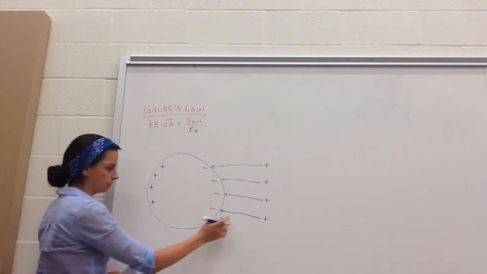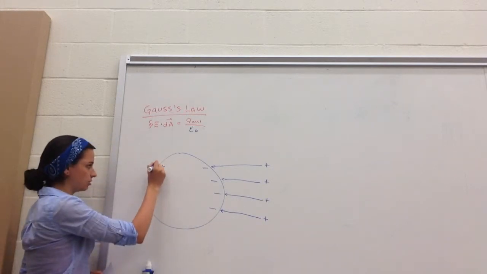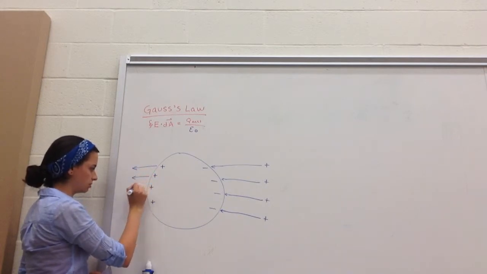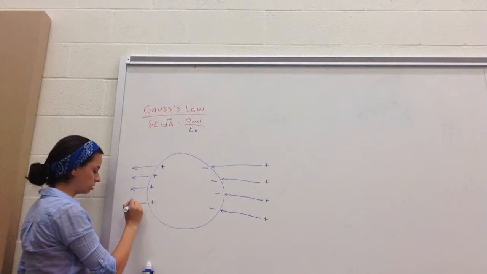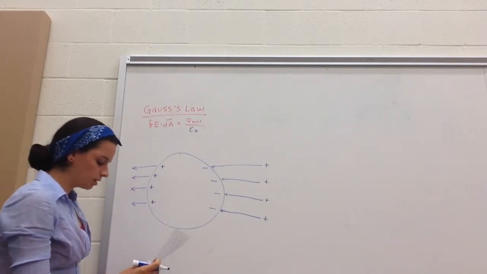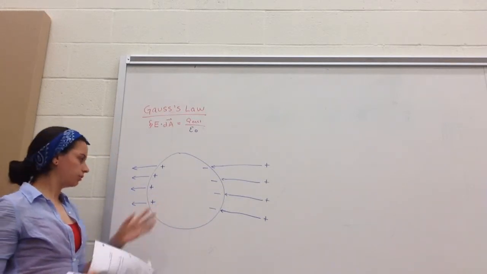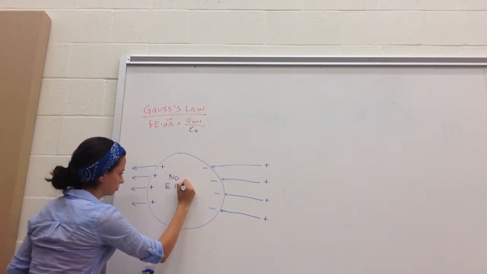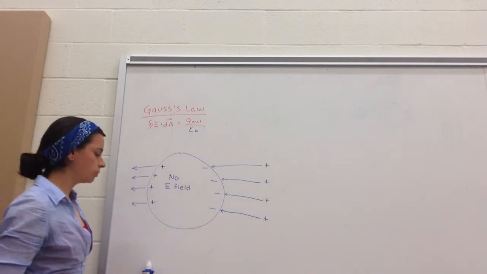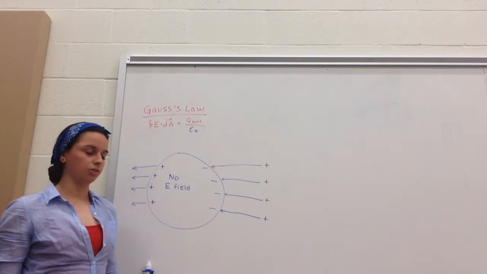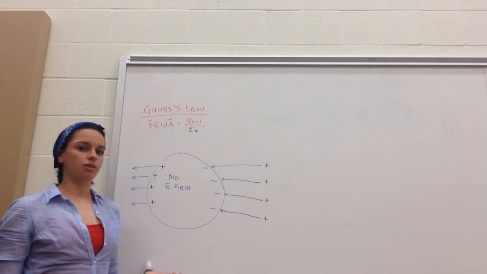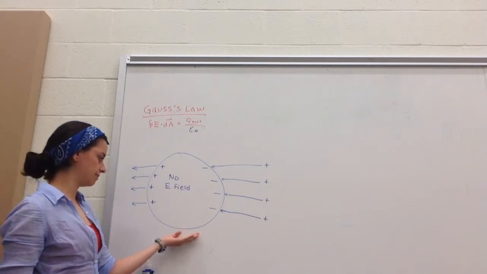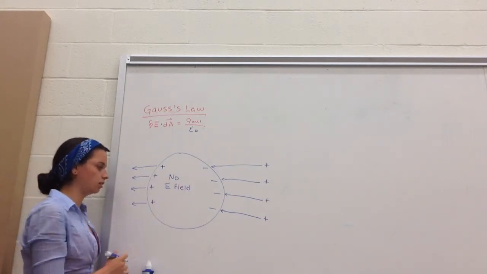And like I said before, field lines start on positive charges, so they're going to resume over here on these positive charges. Okay, but inside, there's no electric field. And that's why if you're in a car and your car gets struck by lightning, you're not going to get hurt. You're encased in this metal car, which acts like a sphere. And this whole phenomenon is called Gaussian shielding.